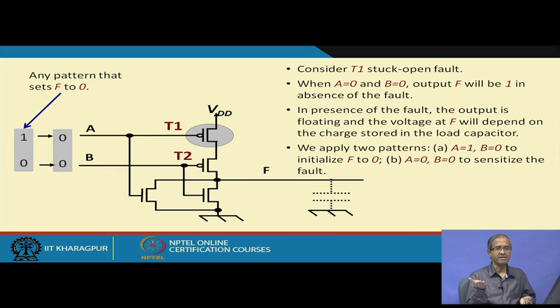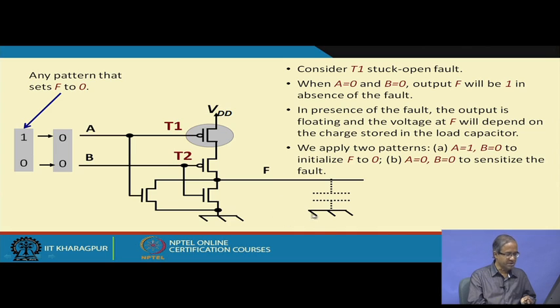There is no path for this capacitor to get charged or discharged. So, this capacitor will be retaining the last charge that it was set with, the last value of F, whether it was low or high. Low means it was discharged, high means it was charged. So, it will remain in that capacitive state and the output value will show that same thing. The output is floating and the voltage will depend on the charge stored in the load capacitor.